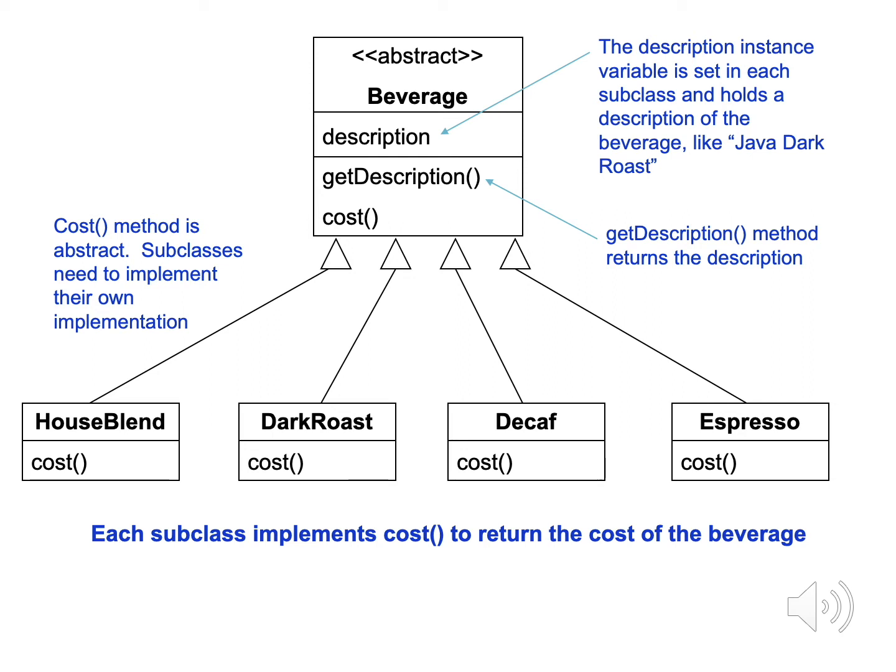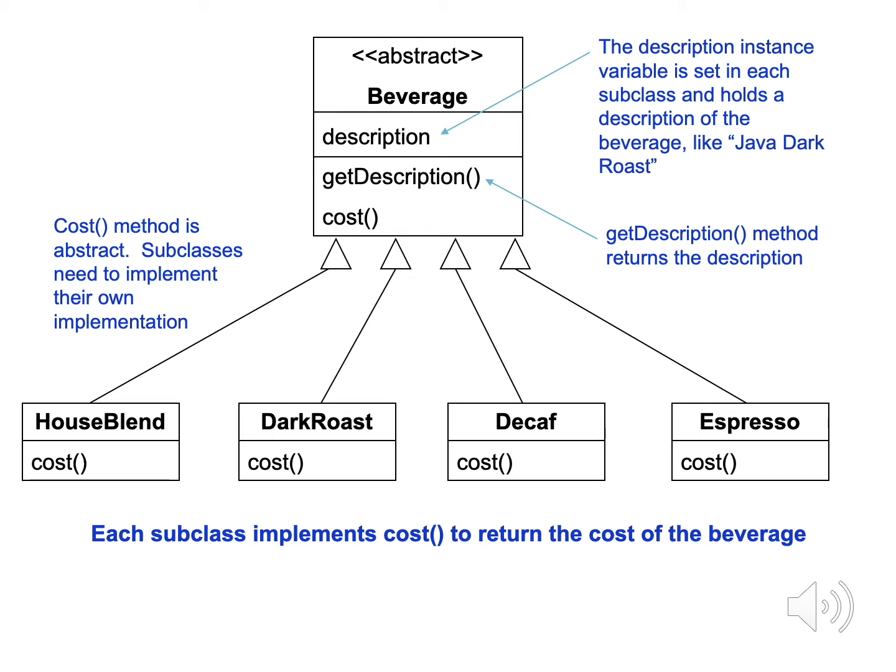For example, house blend and decaf are all subclasses. The beverage interface will contain all the generic methods and generic behavior, for example its description and its cost, and it can have any generic attribute or variable, and the concrete classes will have their own attributes as well as inherit the properties of the parent class.